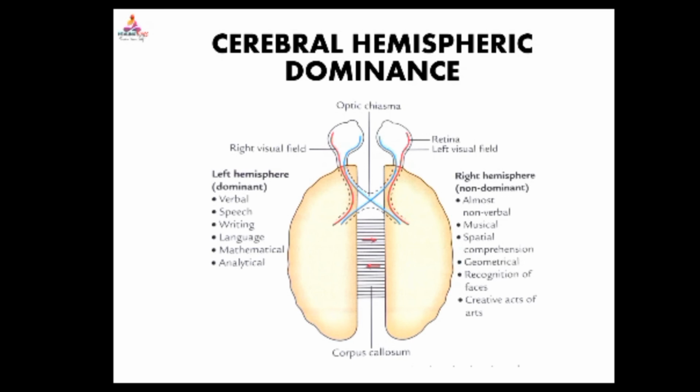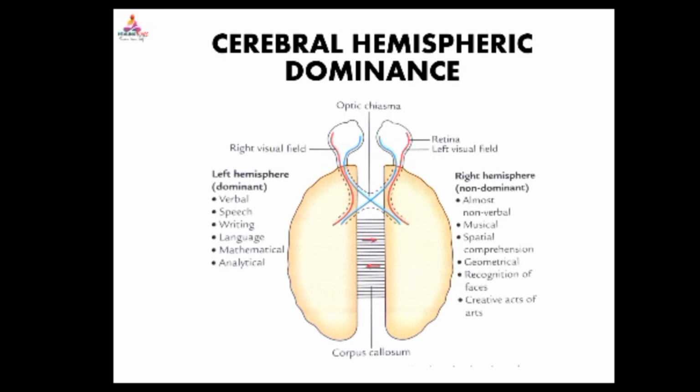The right hemisphere is more efficient with spatial perception, geometrical and spatial relationships, recognition of faces, creative acts of art and music, and non-verbal identification. The term dominant hemisphere refers to the side concerned with the perception and production of language or speech.